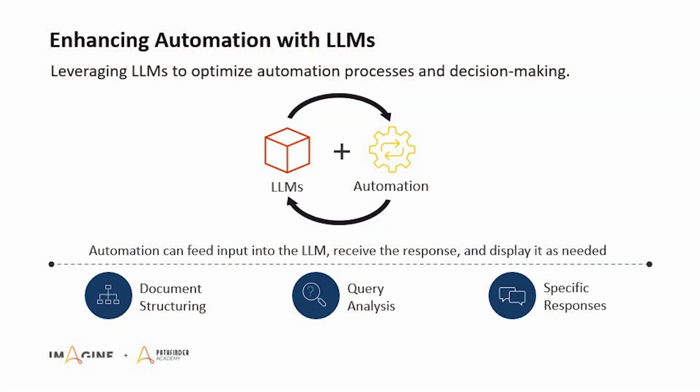But when it comes to utilizing large language models with automation, they can assist with aspects like document structuring. If you are working with unstructured data captured from documents, before it would require a massive amount of human interaction to work with this data. Now, by leveraging large language models, we can pass the data through them to receive the fields that we need. We can do query analysis.